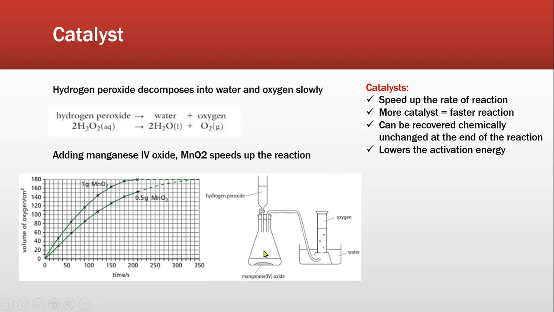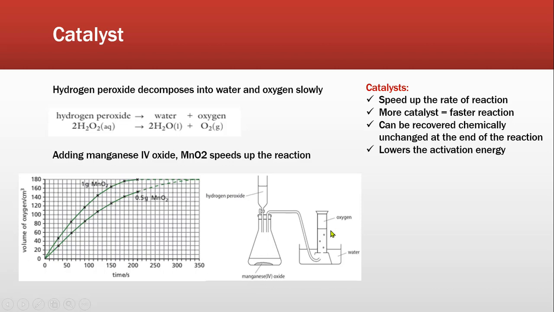As the peroxide is added, it decomposes and forms water and oxygen. The water remains in the flask and the oxygen goes through this tube and is collected via downward displacement of water. So it's bubbled here and it pushes down the water. As it pushes down the water, you can measure the volume of oxygen produced.